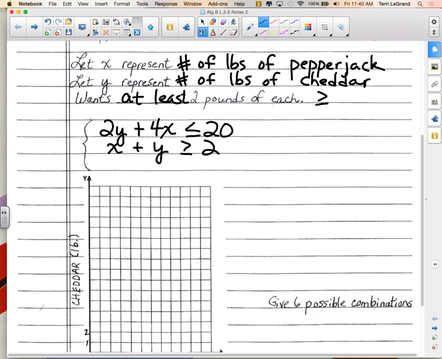If I buy no pepper jack and 1 pound of cheddar, that wouldn't satisfy it. Well, what if I buy 3 pounds of pepper jack and 0 pounds of cheddar because I really want pepper jack? 3 plus 0, that's 3, that's greater than 2. Well, then I didn't buy 2 pounds of the other one like I'm supposed to.